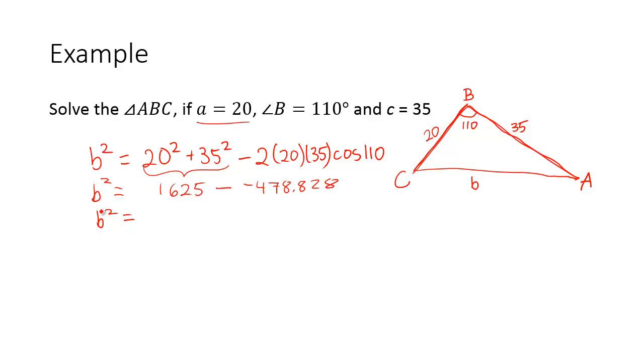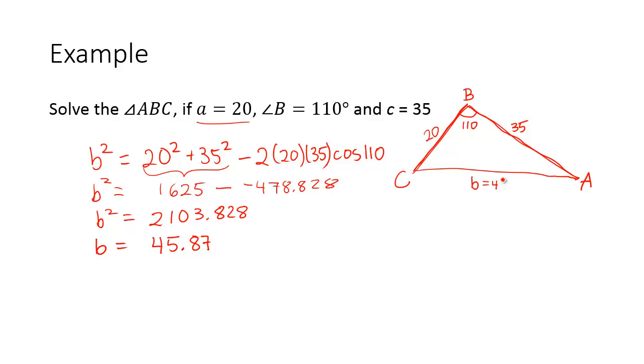Continue, so add the 1625 minus that answer, which is really adding them, which gives us 2103.828, and then square root it, giving you 45.87. So that tells us b is 45.87 in this case, because those are rounded.